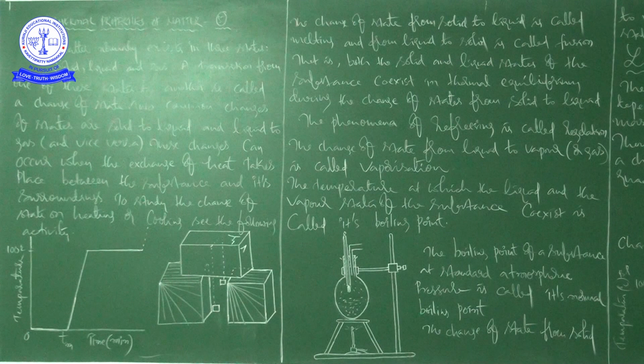But the important thing I want to say is, while talking about change of state, we need to discuss the most important points. For example, what is fusion, what is melting point, what is boiling point, what is regelation, what is vaporization, and what is sublimation.